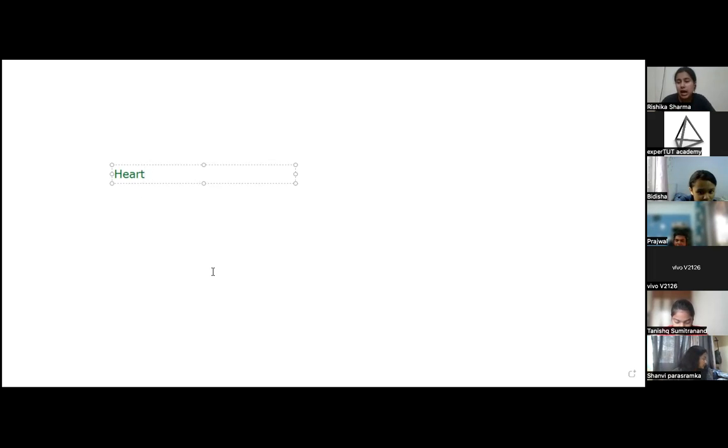When we talk about the heart, the heart has a covering known as pericardium. Like in the last lecture, I told you the covering of the lungs. Who will tell me what was the covering of the lung that protects the lungs?